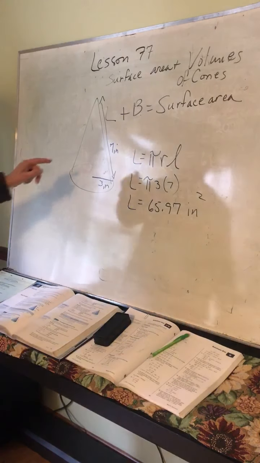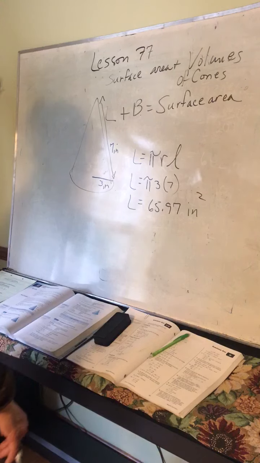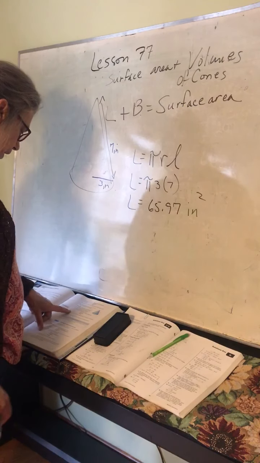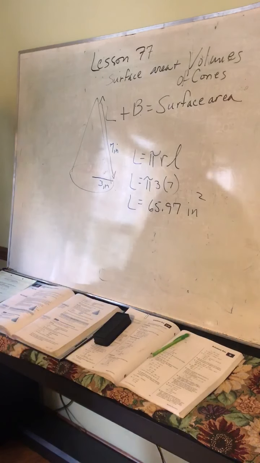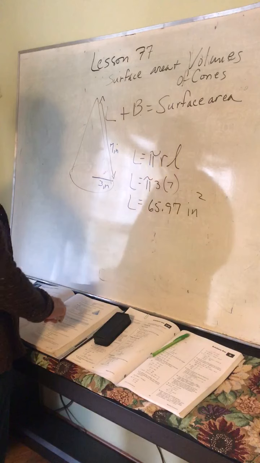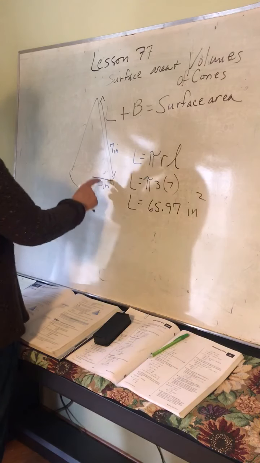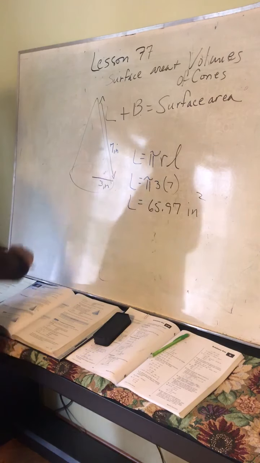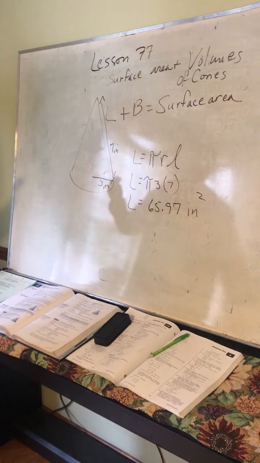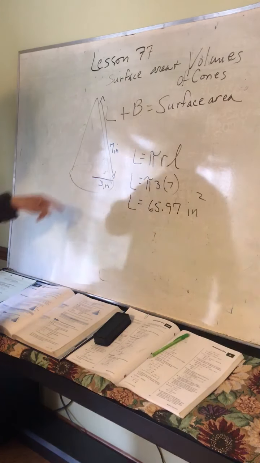Now, if you want the surface area on here, what you're going to end up doing is adding in the area of the circle. So you have got the lateral, and you're going to add in the area of the base here.